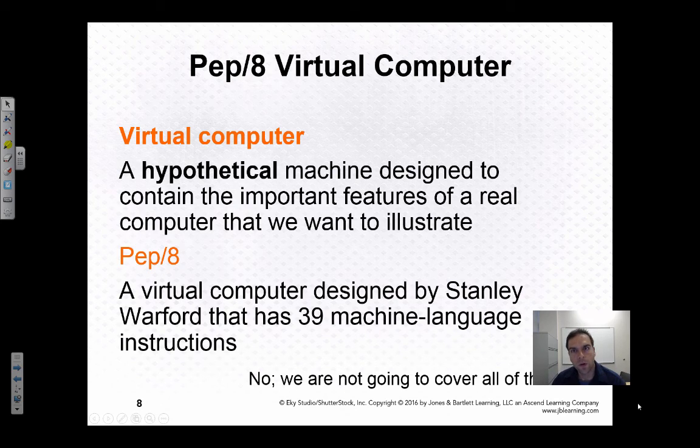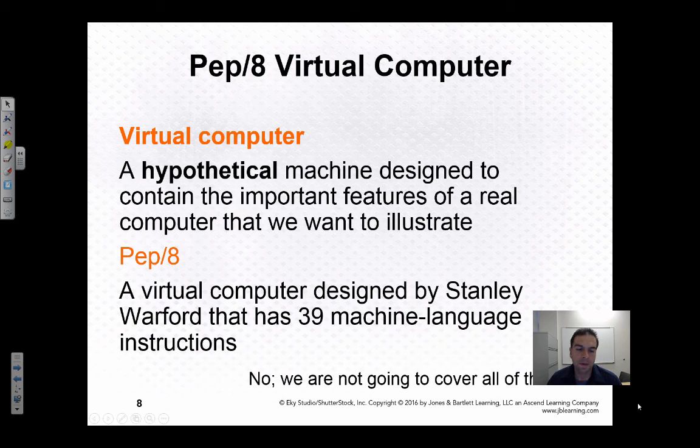In this course, in order to play with machine language, we are not going to use the Intel instruction set. That is more complicated. We're going to use a simpler machine called PEP8. It's designed for teaching. It doesn't correspond to a real physical CPU, but to a simulated CPU. It's actually software that runs on your computer.